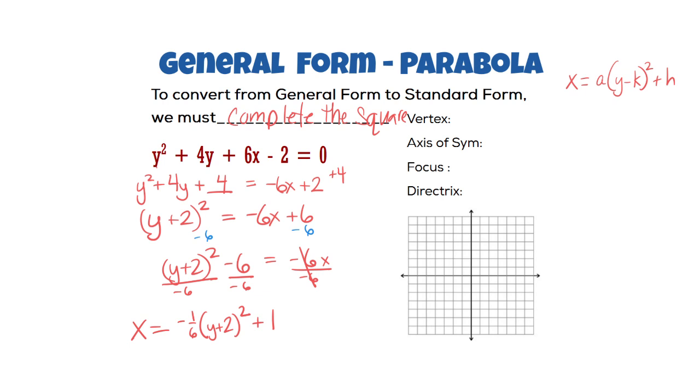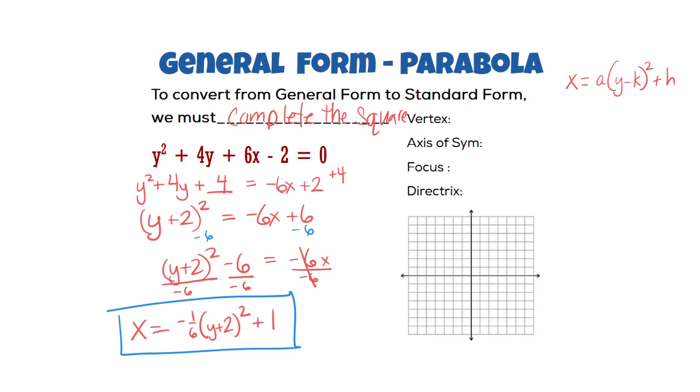All right, so now that we have our equation written, we can find all the parts, and from here on, it's really review of what we've done the past few days, because I've got it now in standard form. The vertex is going to come from this value and this value, but notice that it's an x equals. This is one of those sideways parabolas, and because it's negative, it's going to open towards the left.